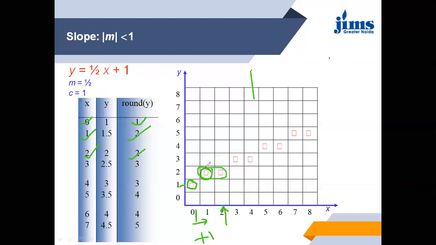It's not 3. And if we are going to draw this line, then the line will be like this. Sorry, I'm extremely sorry. Let me take a line only.